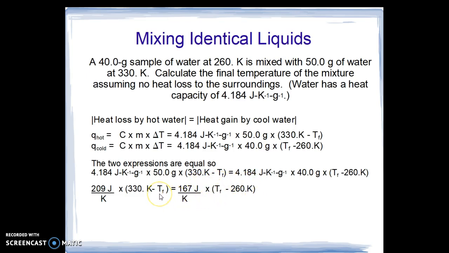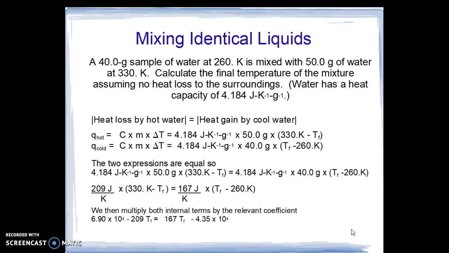Notice on the left the final temperature appears after the initial temperature, which makes sense when you've got hot water cooling, and on the right the water is warming, and so the final temperature is higher than the 260 Kelvin.